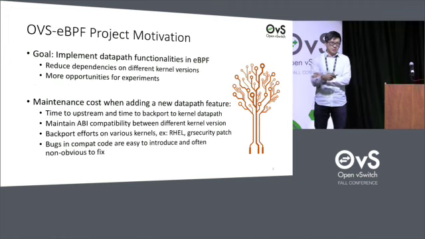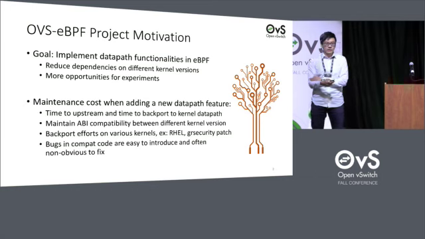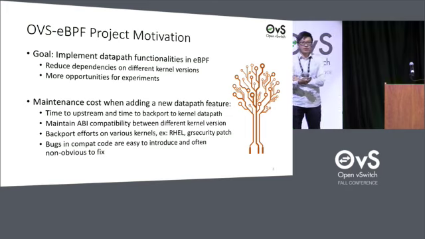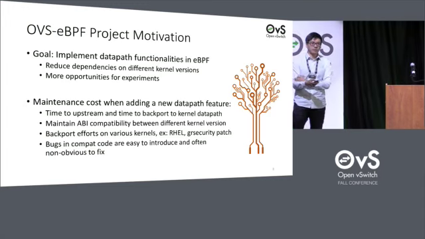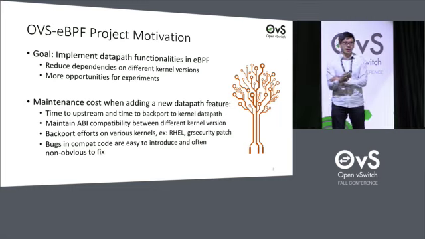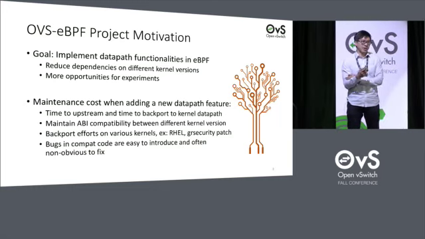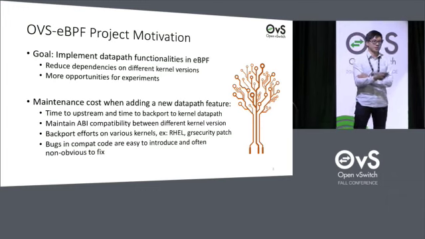Okay, so the goal of developing the OVS eBPF project is to provide an alternative to the kernel datapath. The main reason for us to develop this eBPF datapath is the maintenance cost when adding a new datapath feature to the kernel datapath. Imagine we want to add a new feature to the kernel datapath. The first thing that we need to do is to submit the patch upstream to the net-next tree.